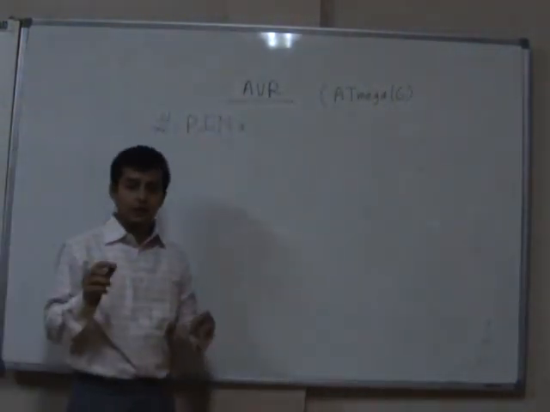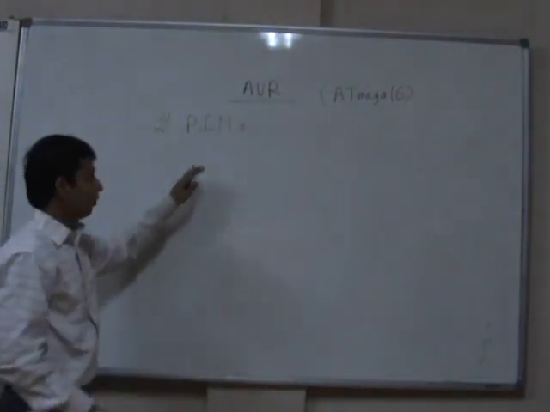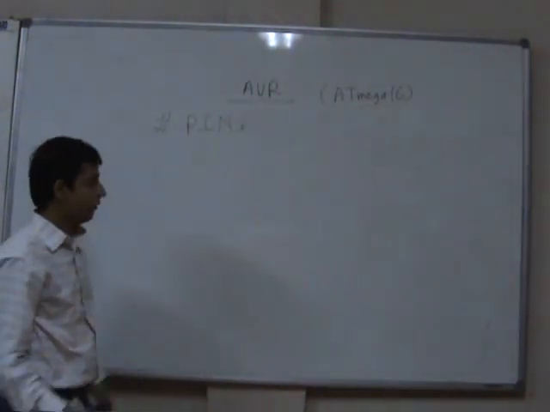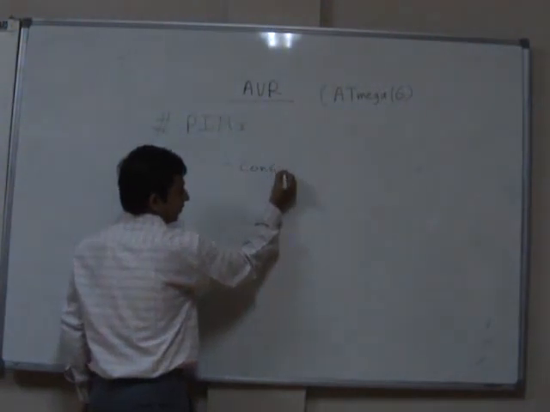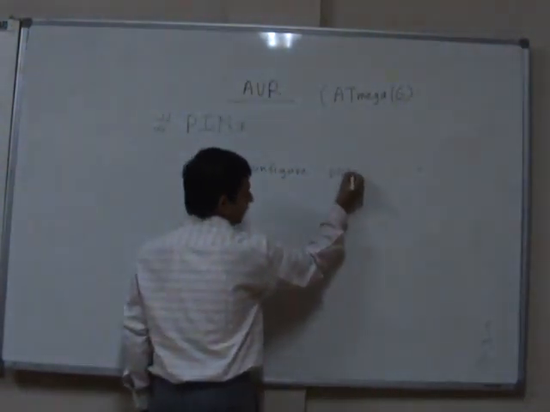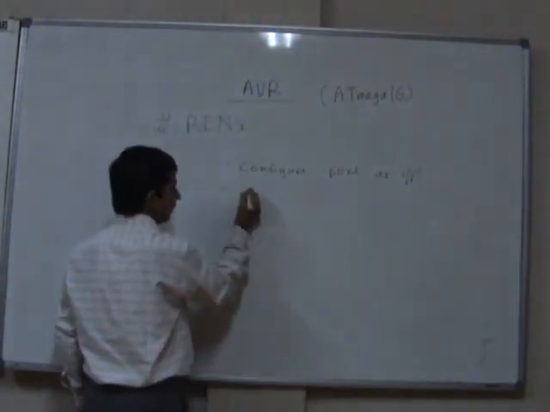Now there are 2-3 steps that you have to follow. Whenever you want to read data from the port, you have to make sure that you are configuring it as an input port. Configure the port as input, then read the data.